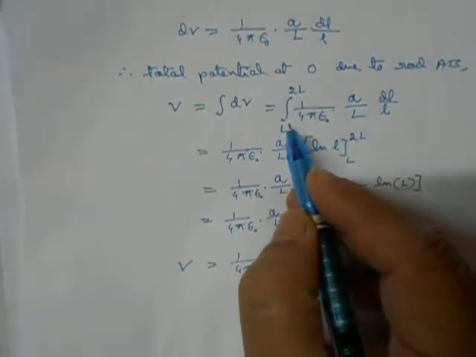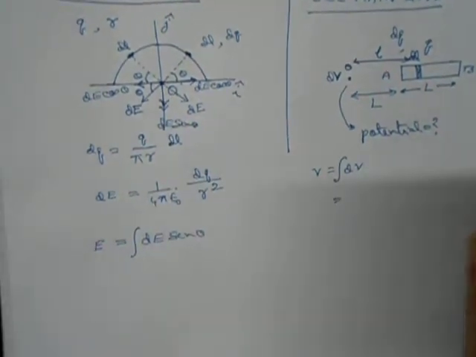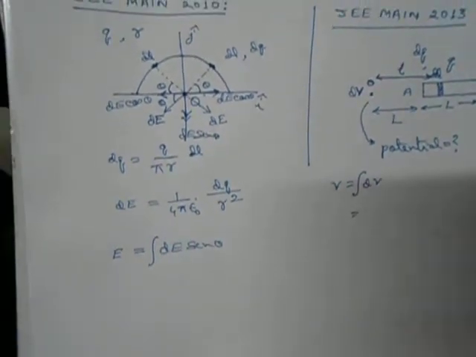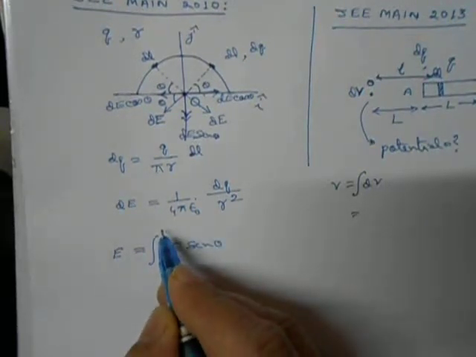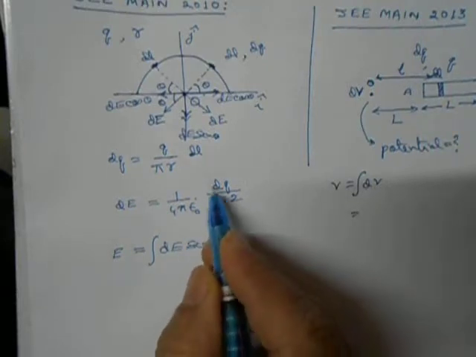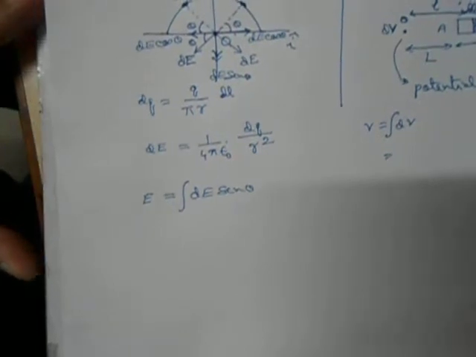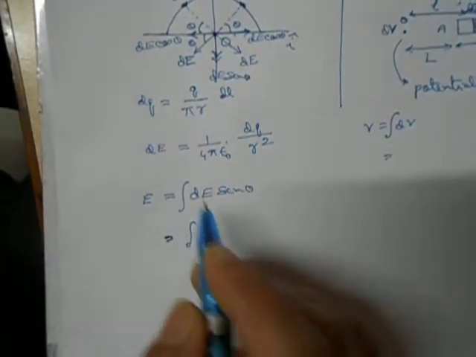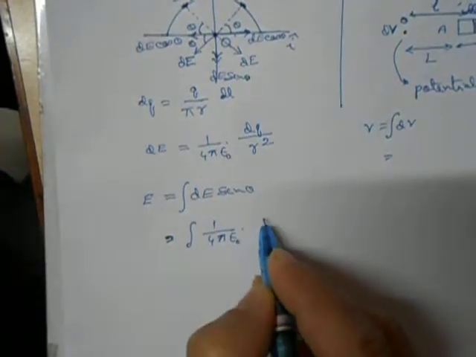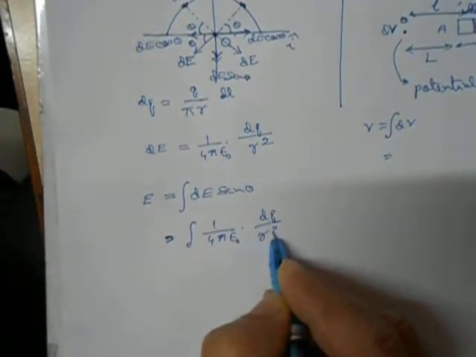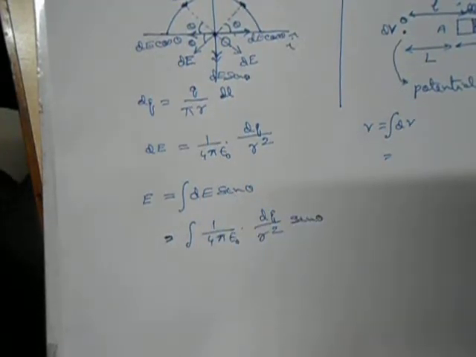Similarly, in this problem, now we have to do integration. So we'll have to have a lower limit and an upper limit. So let me first substitute dE with this. So this equation will become the integration of 1 by 4 pi epsilon naught dq by r square into sine of theta.